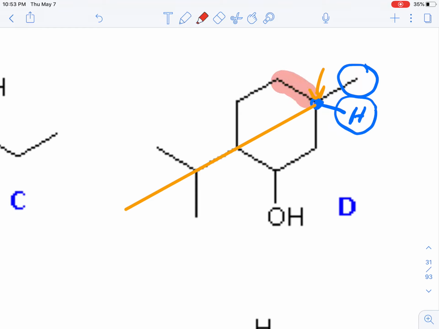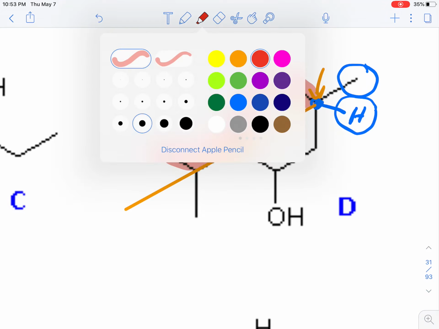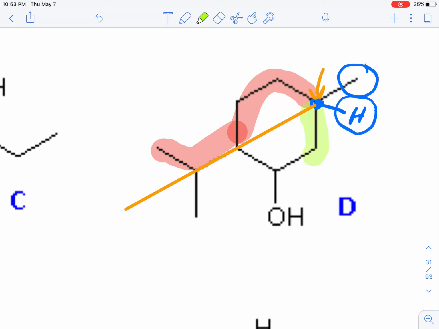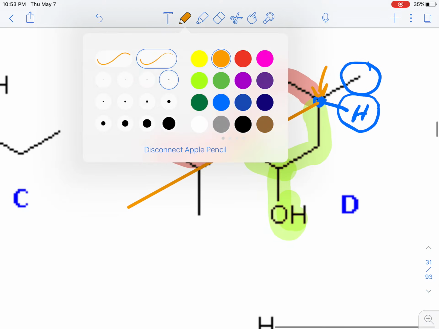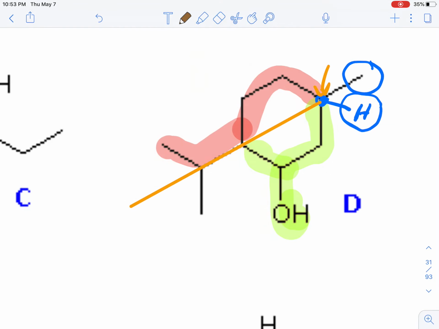And so if I look on the left side, if you will, notice that it's different than the right side. And so that lets you know that this carbon right here has 4 unique attachments. Okay?